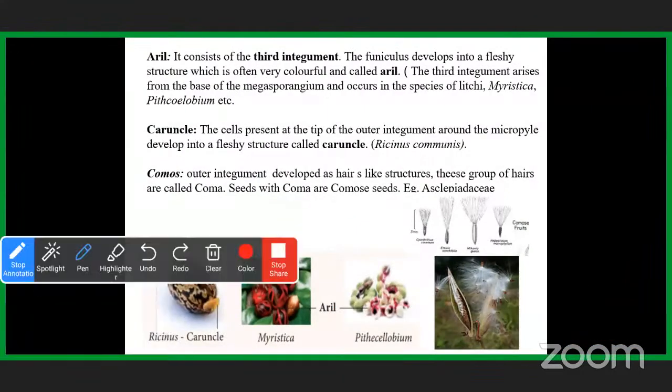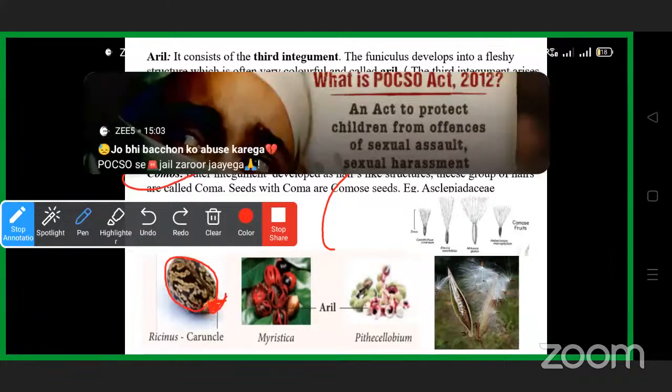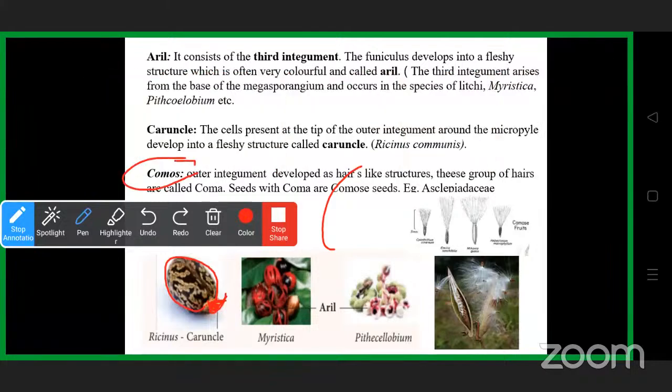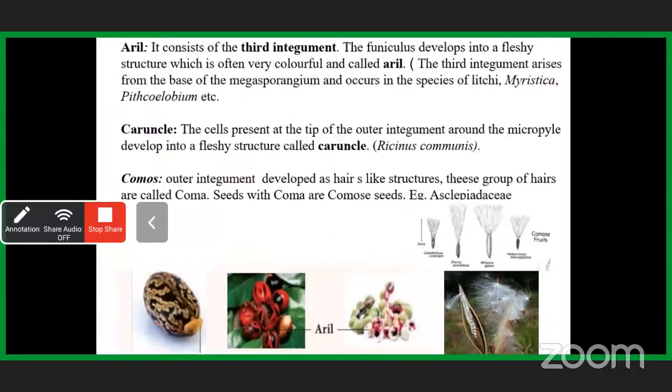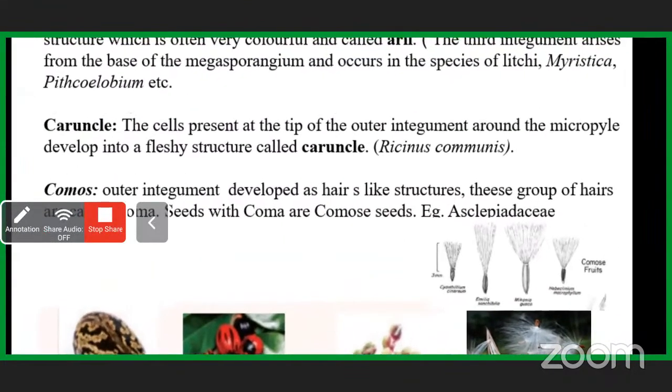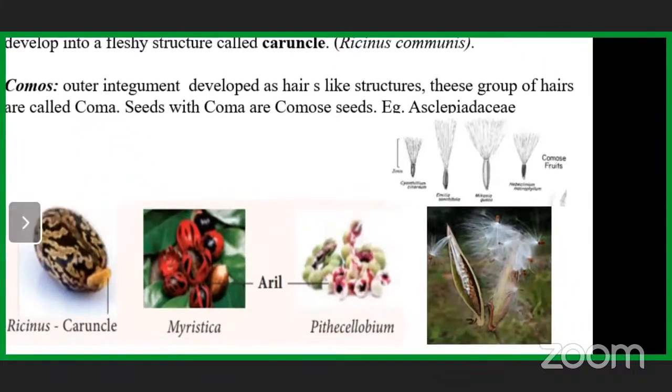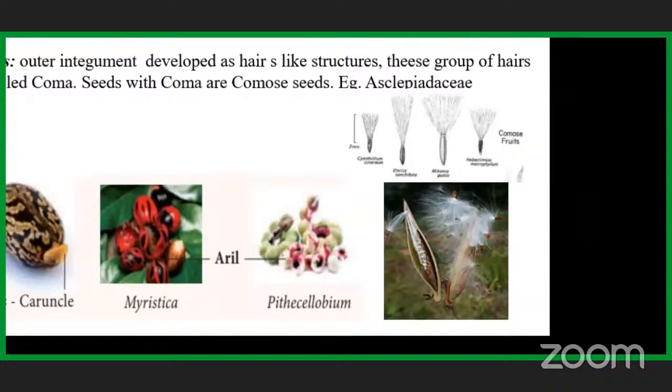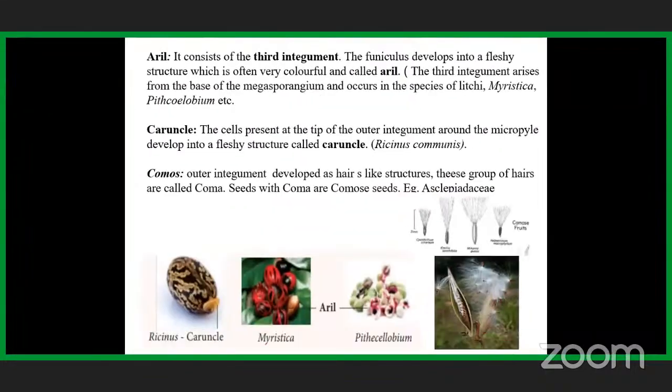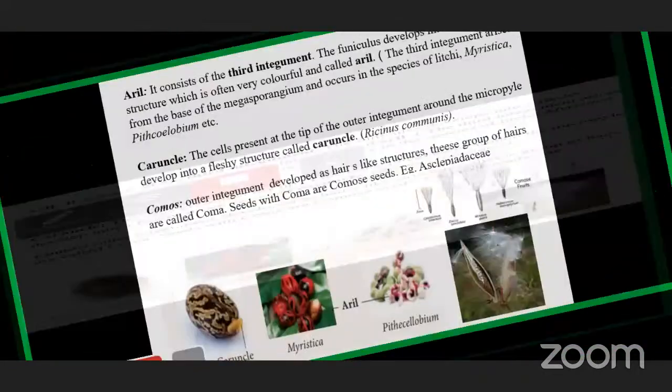And another extra structure is coma. Coma means a hairy-like structure. Here you can see the hairy structure, especially in the Asclepiadaceae, as in Calotropis. Extra coma, airy, feathery structures are useful to disperse the seeds.